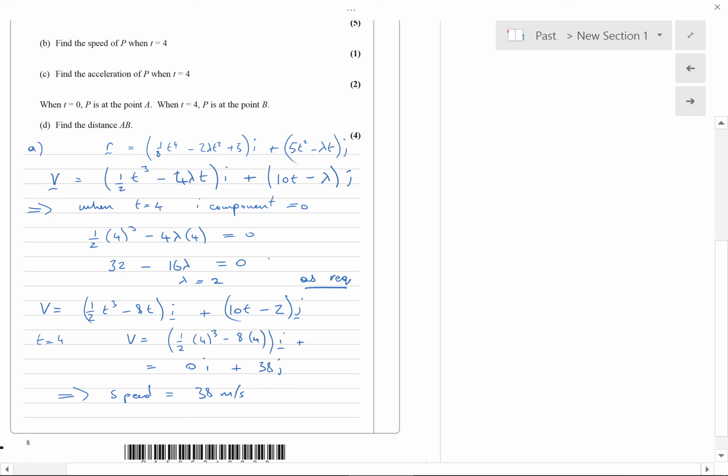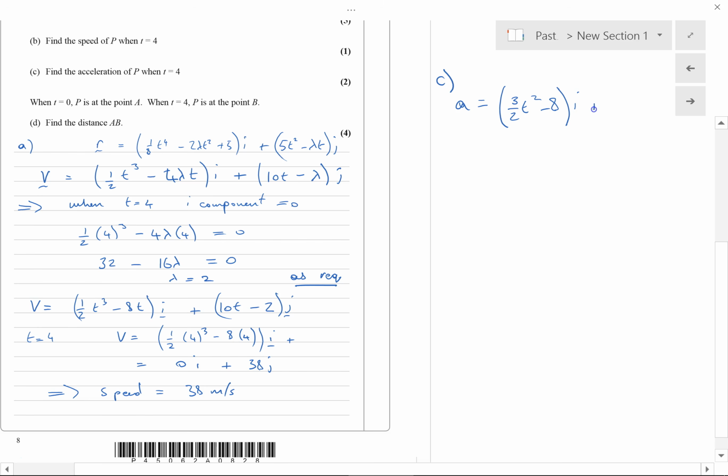Okay. Part C. Find the acceleration of p when t equals 4. Well, I've got to differentiate this again. That gives me the acceleration is equal to (3/2 t squared minus 8)i plus 10j.